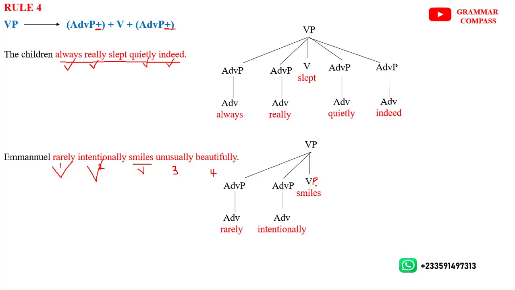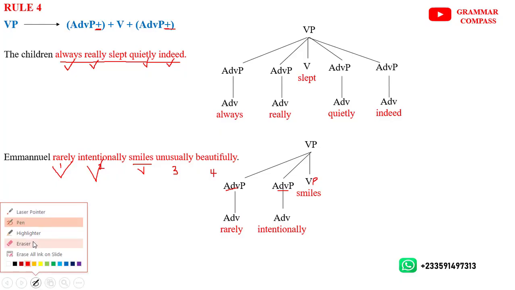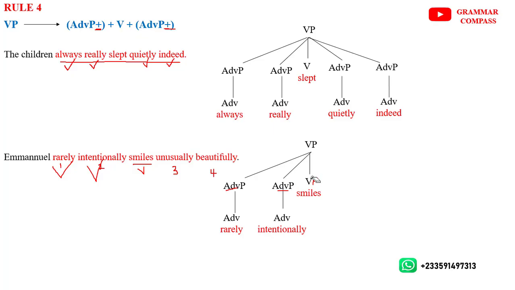So never make this mistake. The verb phrase always has the head, which is the verb. It is the other modifiers that are going to remain in their phrase forms because they are modifying the head. But for the head itself, you will not write it in a phrase form. So let's clean this part so that we get a clearer picture of what we are doing.